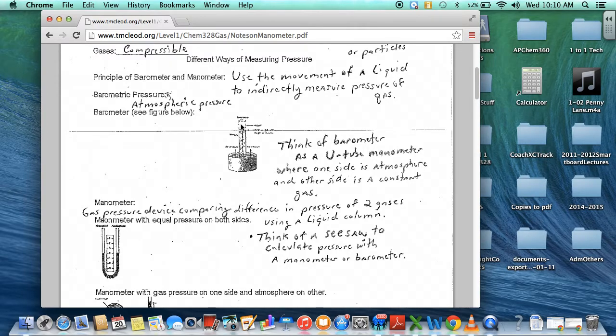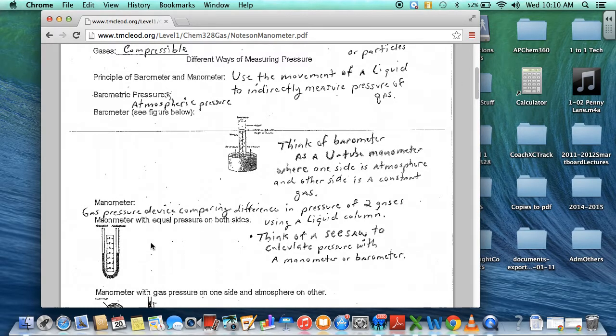So it just compresses or expands due to the outside gas, which is the atmospheric pressure, and that's why the barometer reads the outside pressure, the atmospheric pressure, which we call barometric pressure. So that's how barometers work. A barometer is kind of like a U-tube manometer where there's only one side.